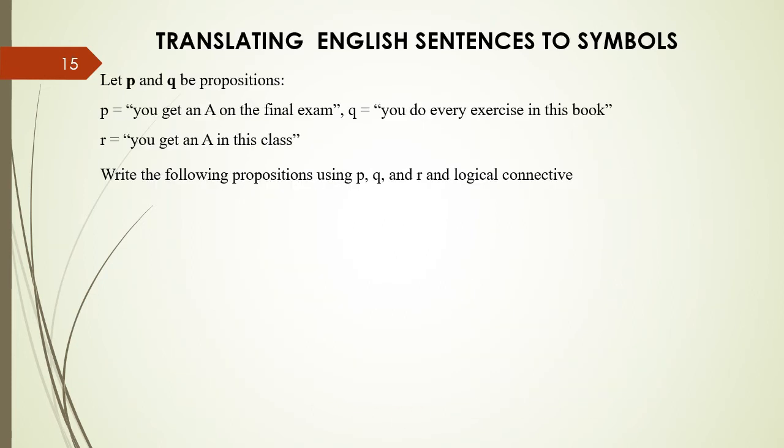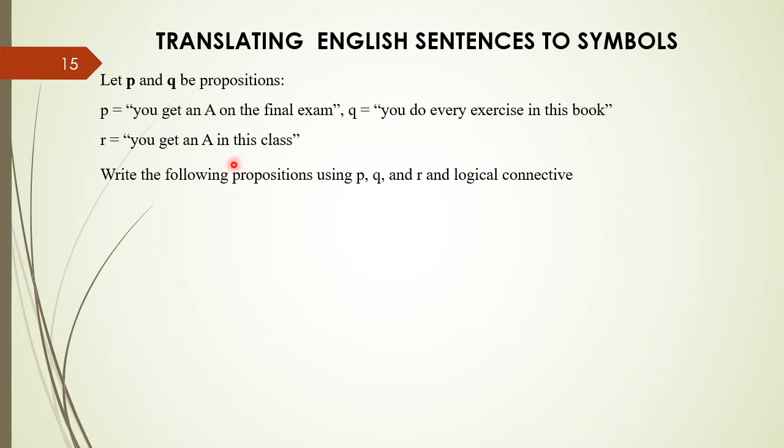Now we practice to translate the given conditional statements into logical conditional expressions. We have three logical variables P, Q, and R. P represents you get an A on the final exam. Q is representing you do every exercise in this book, and variable R is representing you get an A in this class.